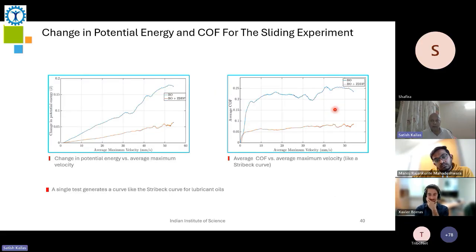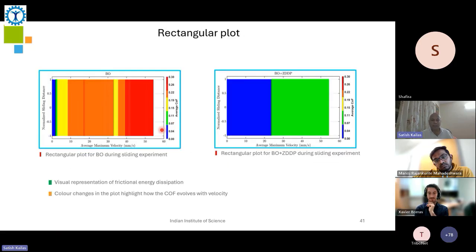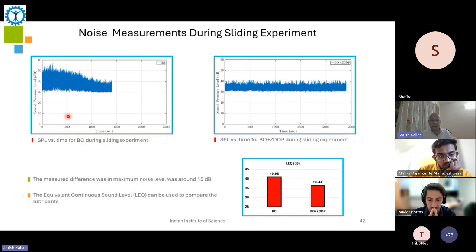And this is how we got the coefficient of friction. We can see that the coefficient of friction significantly drops with ZDDP, this being the amount of energy that is dissipated by the system. The same rectangular plot visually shows you that adding ZDDP can change the friction significantly, especially in the higher velocity region, and the lower velocity region also reduces significantly compared to without ZDDP.